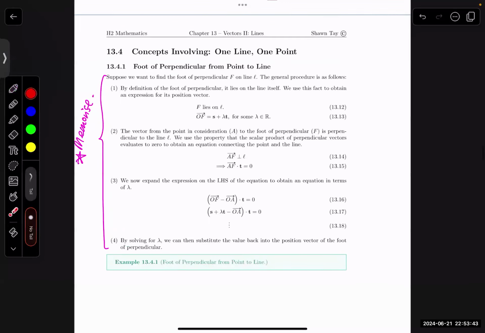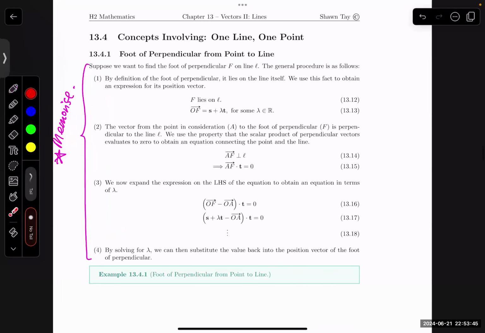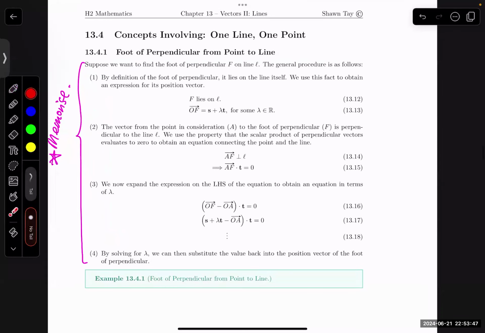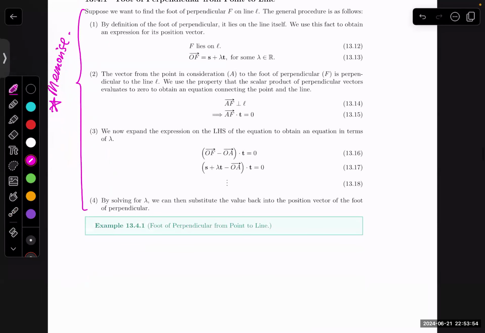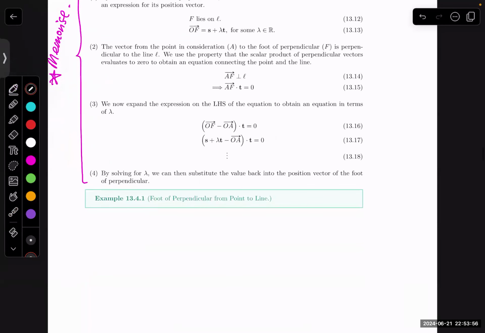So let's talk about the recipe. How do we find the foot of perpendicular from any point onto the line? Let's draw a picture first, because again, vectors is a very visual subject. So I have a line and a point. I want to find the foot of perpendicular. Think of the line as the ground and the point as some rock in the air.